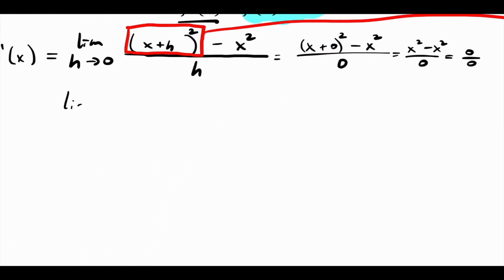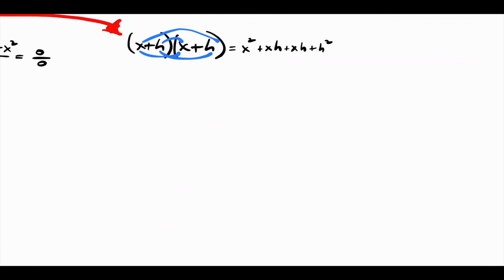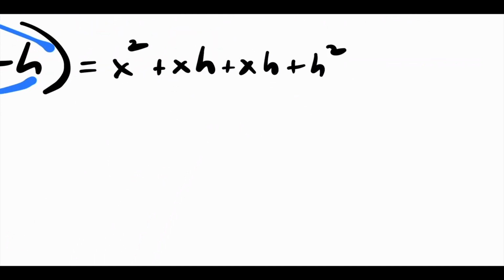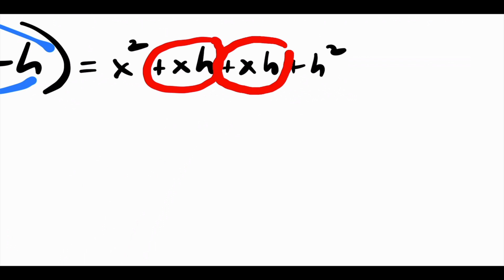The limit as h approaches 0, so it was x squared plus, aren't these guys like terms? So we can combine them together. So how many do I have? I have one there, I have one there, I have two of them. 2xh. They combine to make 2xh.